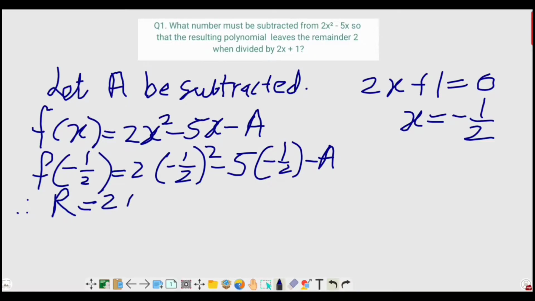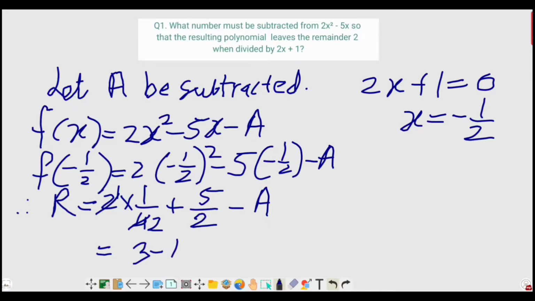So 2 into 1 by 4 plus 5 by 2 minus A. This half plus 5 by 2 will give you 6 by 2, that is 3. So 3 minus A is your remainder.